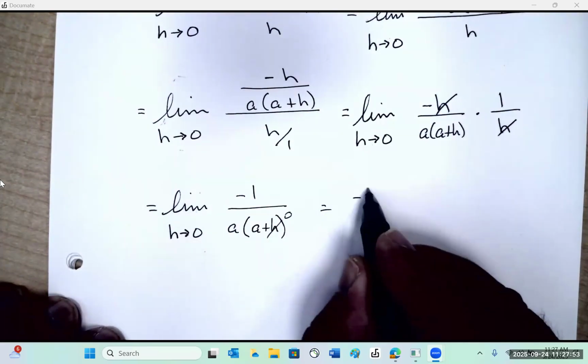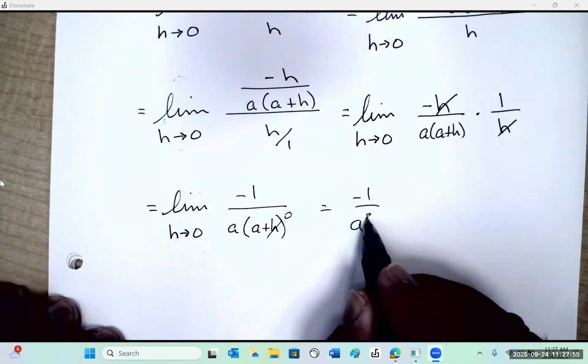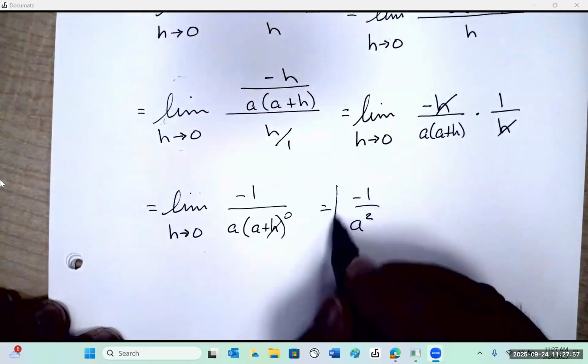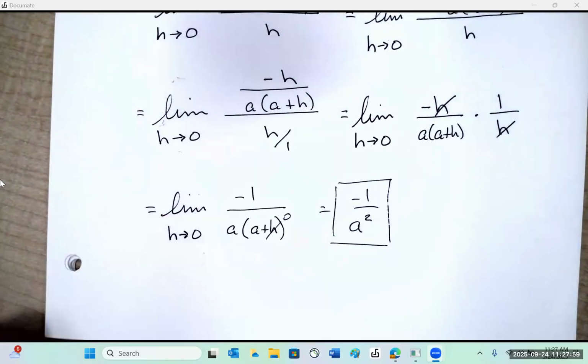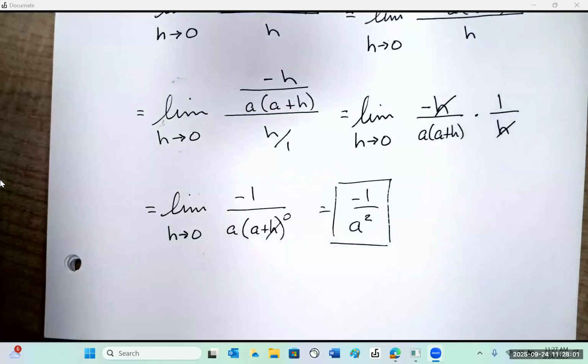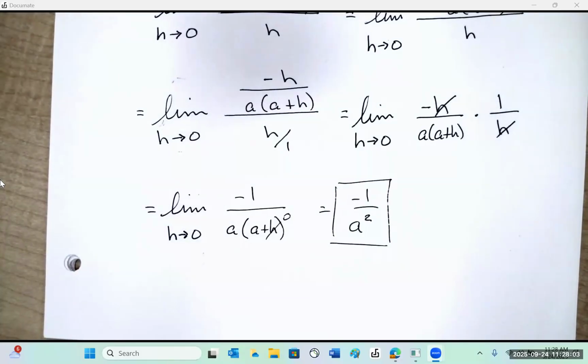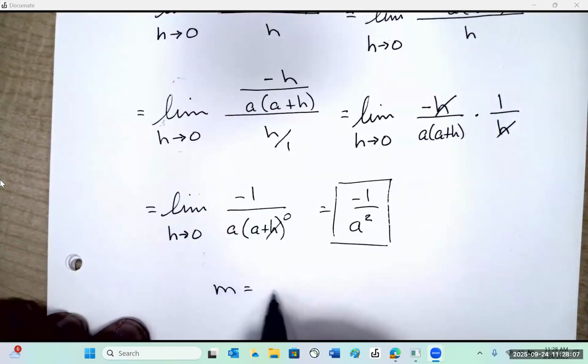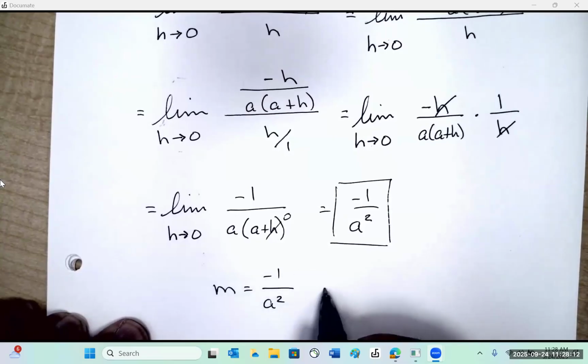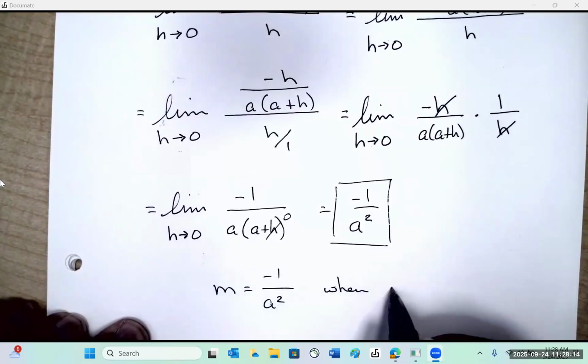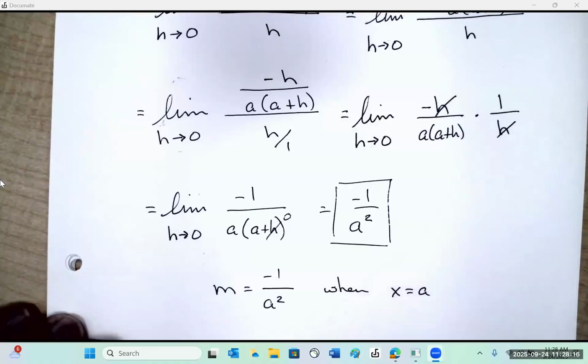We're left with -1 over a squared. That is the answer to the first part. This is the slope when x equals a.